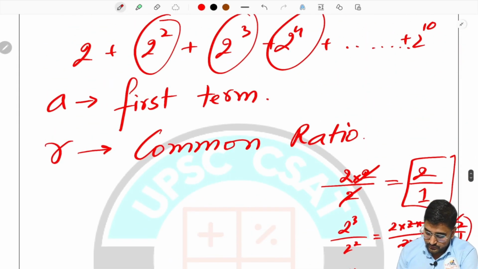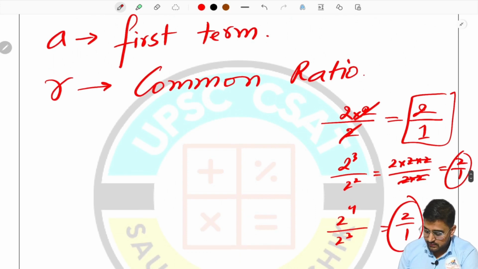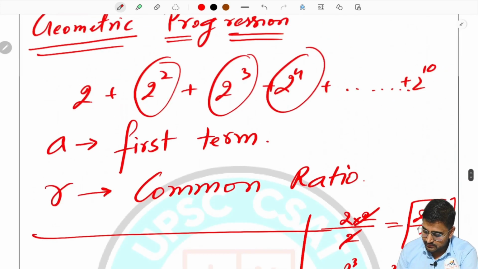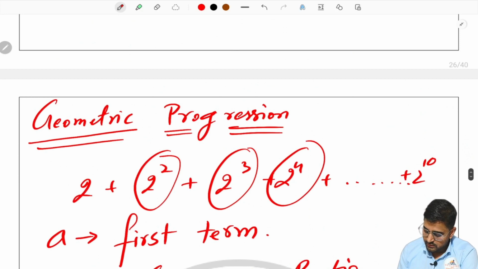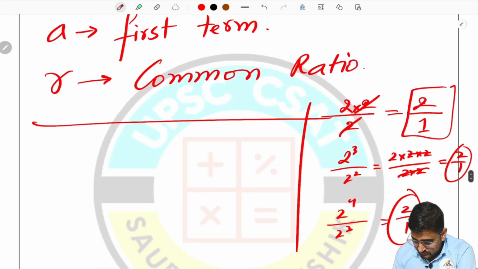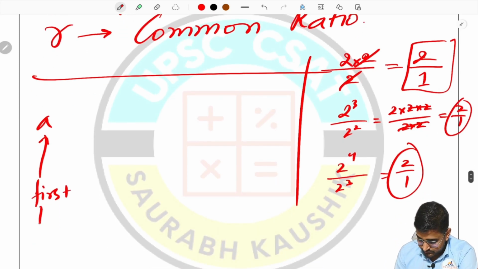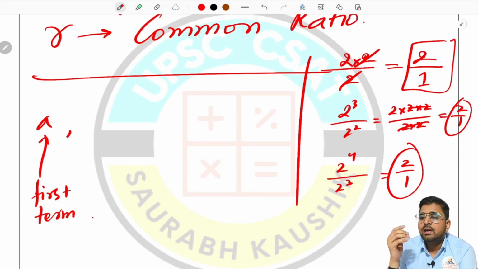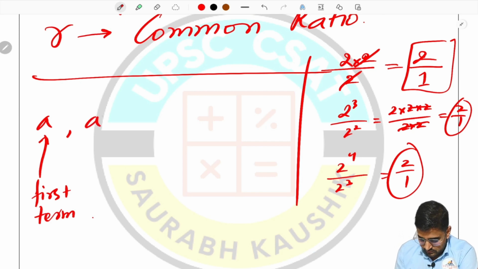Now there is an expression to write this. Again, there is a, the first term. Then it gets multiplied by the ratio. Simple: a into r.